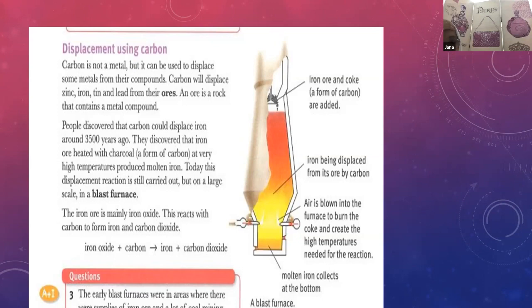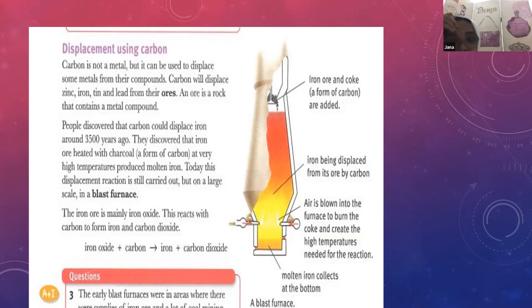Iron. No, is iron more reactive than carbon? Carbon. But why do you say carbon? Miss, because I looked at the reactivity series. Because carbon can displace iron from its oxide.